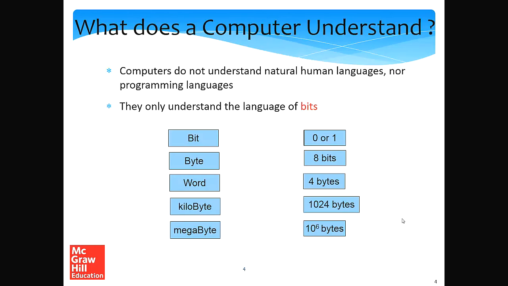So what does the computer understand? The computer is not smart enough to understand languages that we human beings can understand, such as English or Arabic or French. Computers are not even smart enough to understand programming languages such as Java and C++.